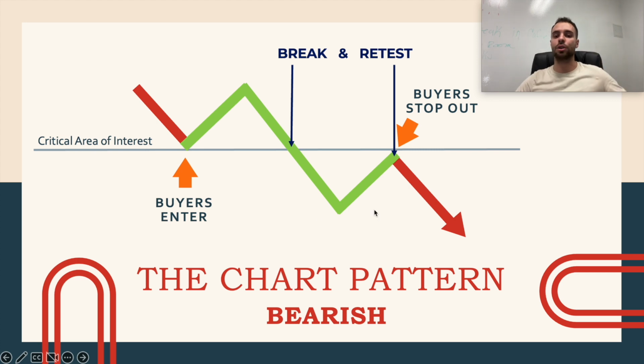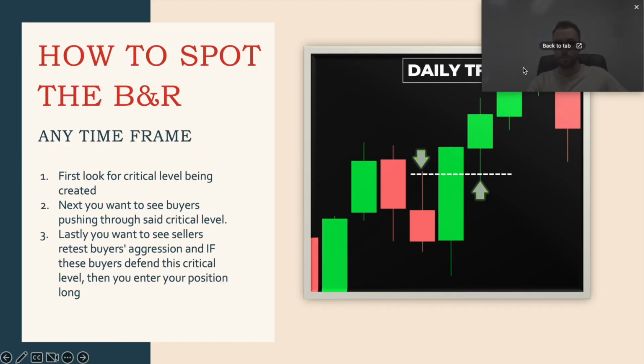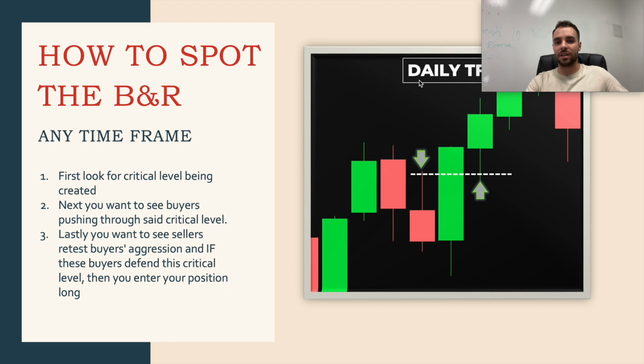So obviously there's two sides for this chart pattern. And I will show you examples of both of them right now. So what you can see on the right is the daily time frame. I often pick my trades on the daily time frame. This is how I take the temperature of the market. And what you can see right here is we had an inflection point created at high of day, right where this left arrow is.